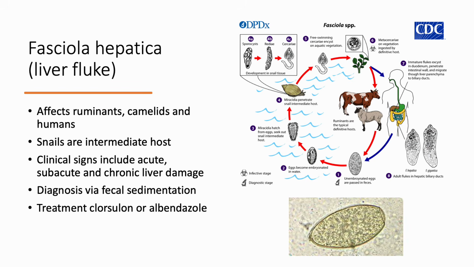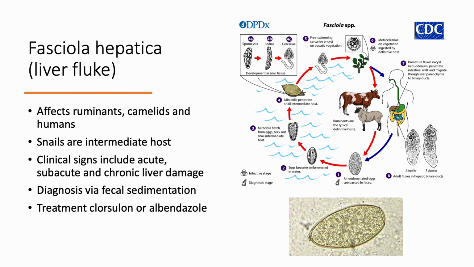The first trematode that we're going to talk about is Fasciola hepatica. This is the liver fluke of ruminants, and as I mentioned, it affects ruminants. It can also affect camelids and humans, and it has a snail as the intermediate host, which is common for a trematode.